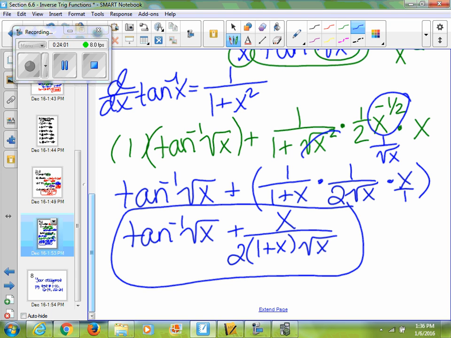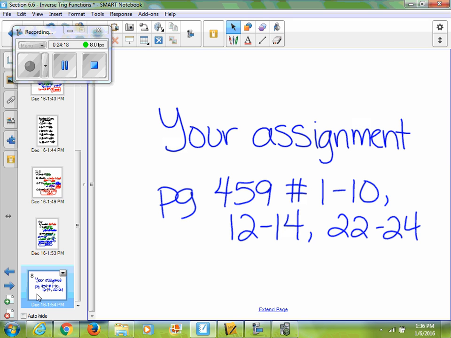So that would be my giant derivative for x arctangent square root of x. So it's a lot of different things combined that we've learned, but it's fun because it's trig.